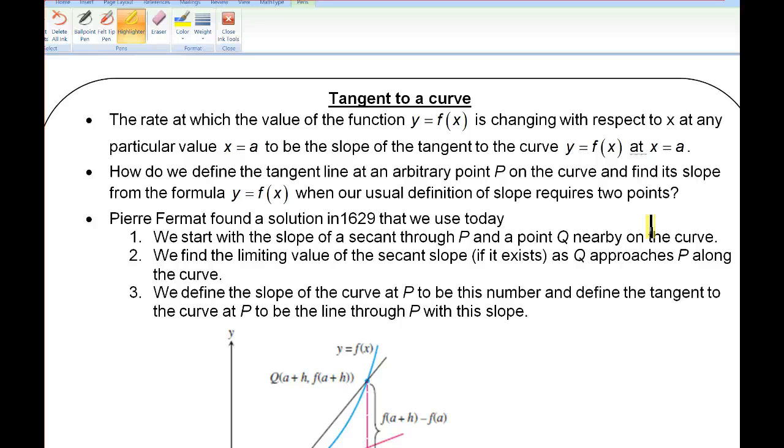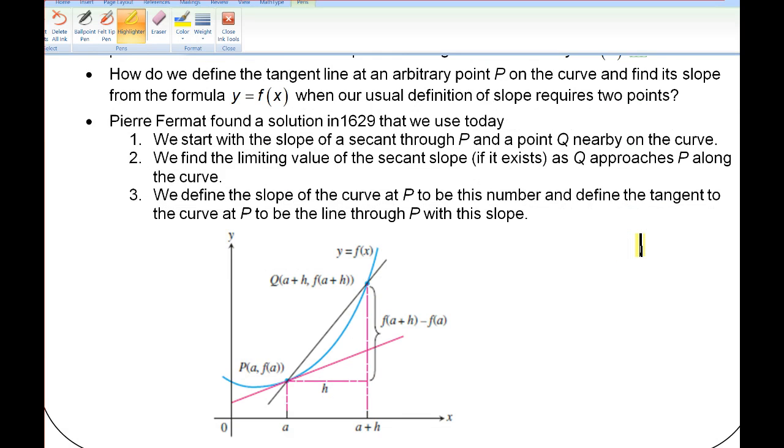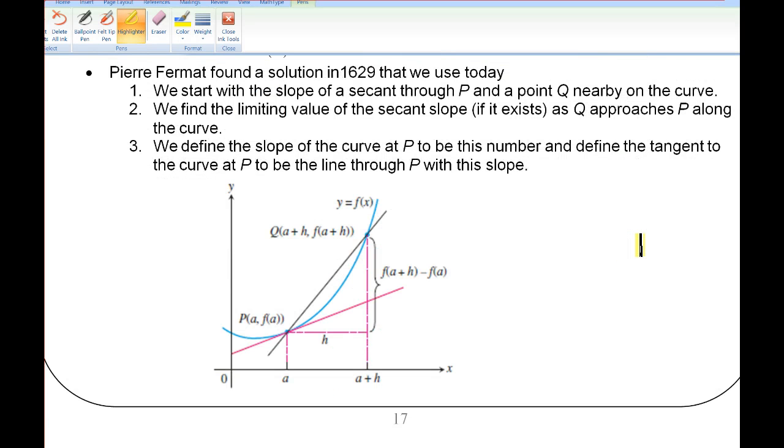We want to come up with a formula for that tangent. We know how to find the slope with two points, but how do we find the slope with just one point? Here are our two points. We're going to move the two points closer and closer to each other. Right now they're pretty spread out.